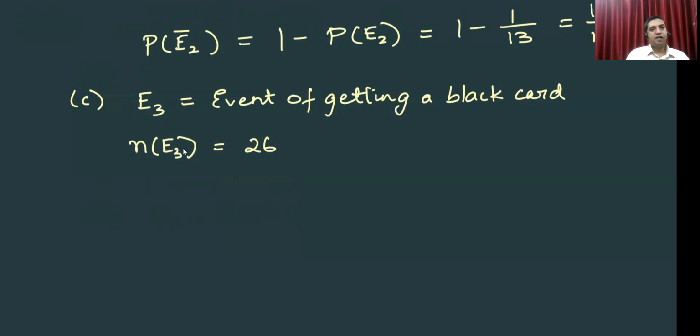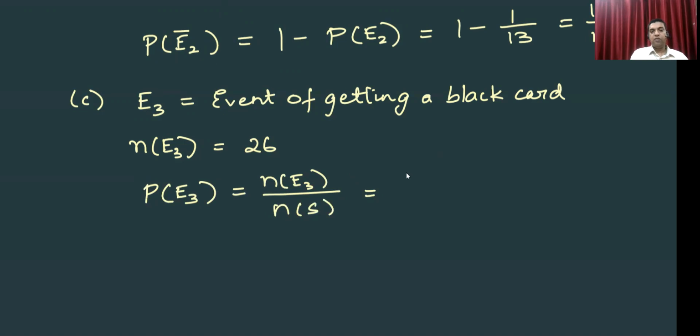Spades and clubs are both black. So P of E3 is n of E3 by n of S, which is 26 upon 52, 1 upon 2, exactly half.